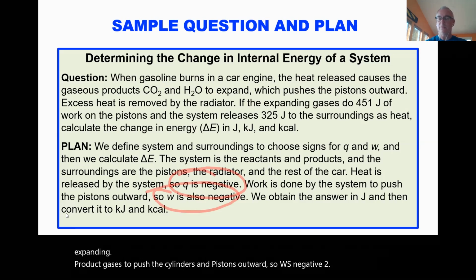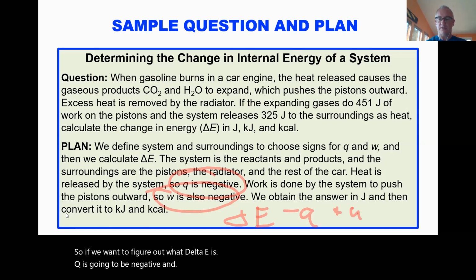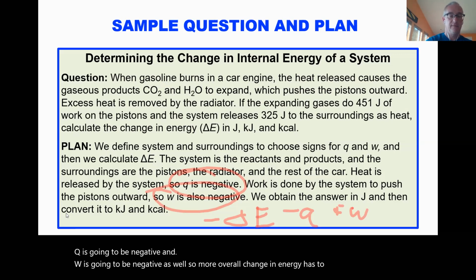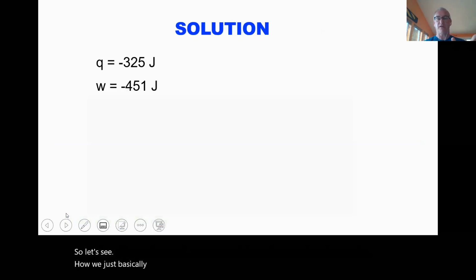If we want to figure out what delta E is, Q is going to be negative and W is going to be negative as well. So our overall change in energy has to be negative. So let's see, we basically just add those. So here's our Q.